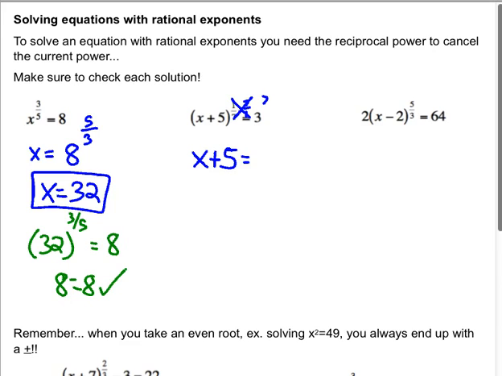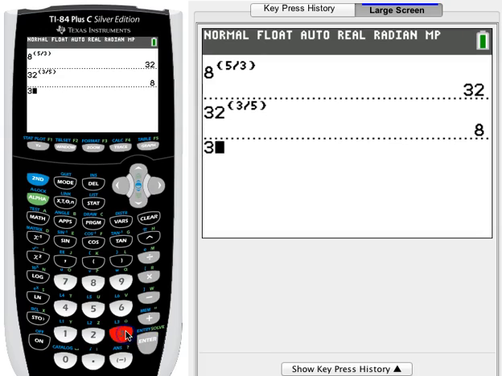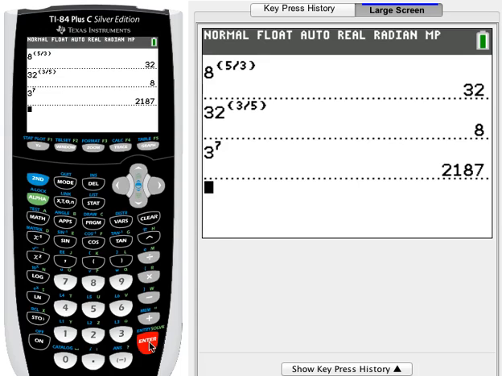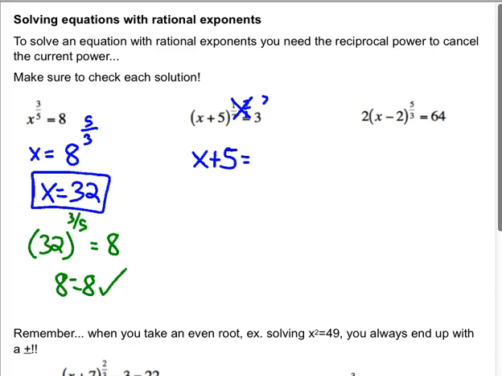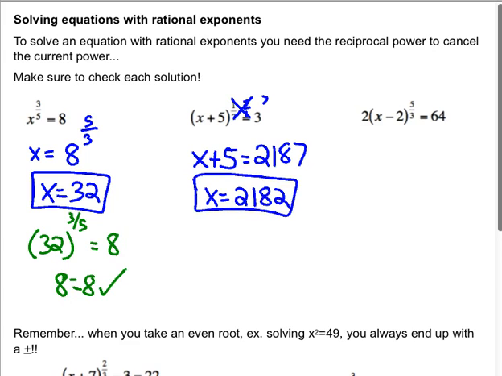I obviously don't expect you to have 3 to the 7th power memorized. So 3 to the 7th power is 2,187. And now let's subtract 5 to get our x.